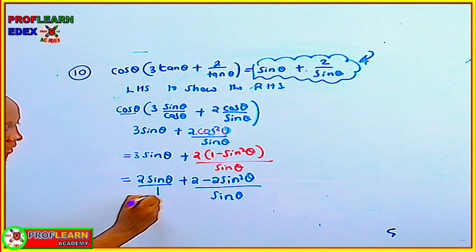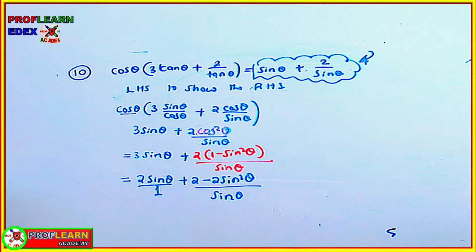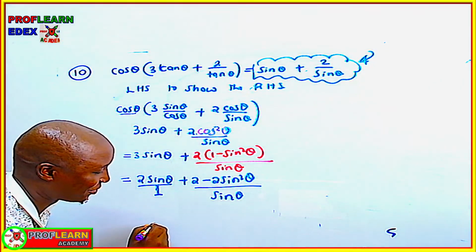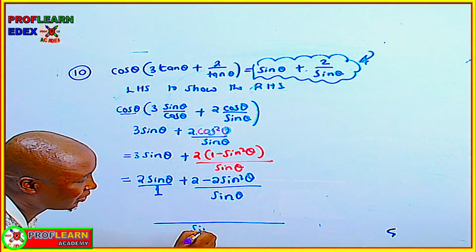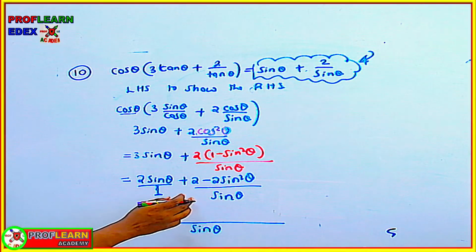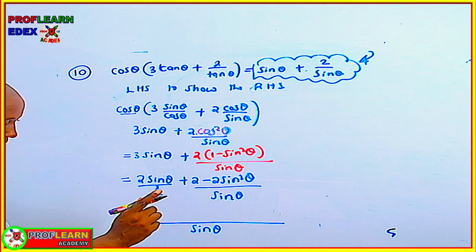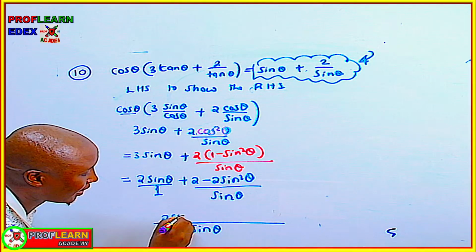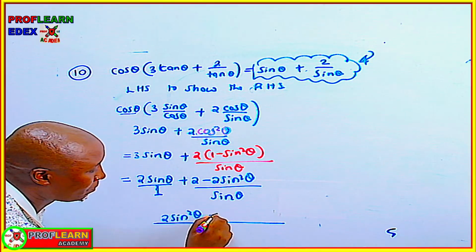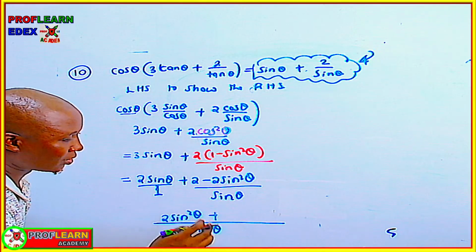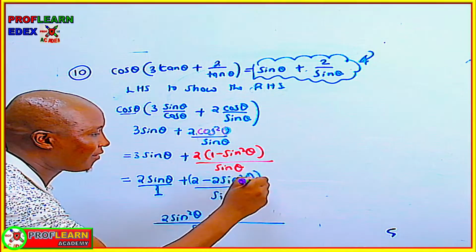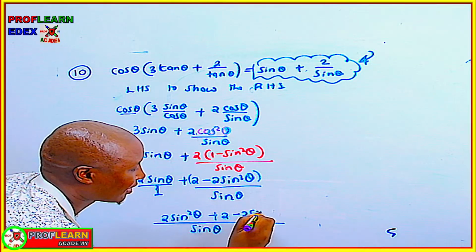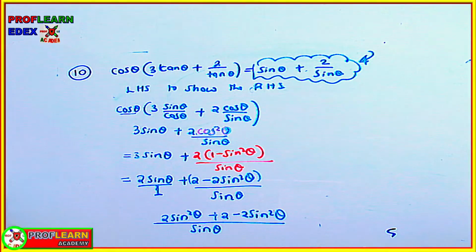Here we are having 1, so we can express it as a single fraction over sine theta. So 1 goes to sine theta times, so if we multiply that sine theta here, we shall have 2 sine squared theta, then plus sine theta goes to sine theta 1, so we remain with the same thing, minus 2 sine squared theta at that given point.